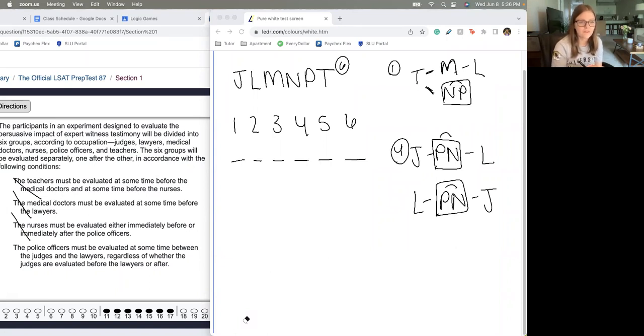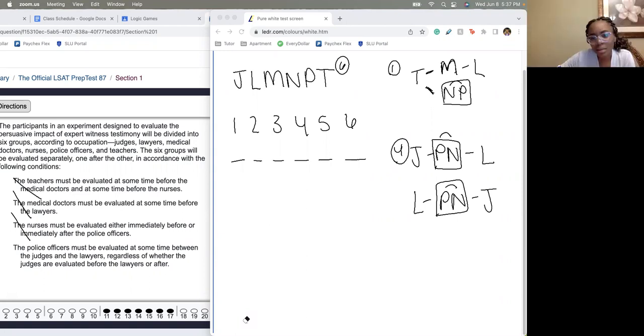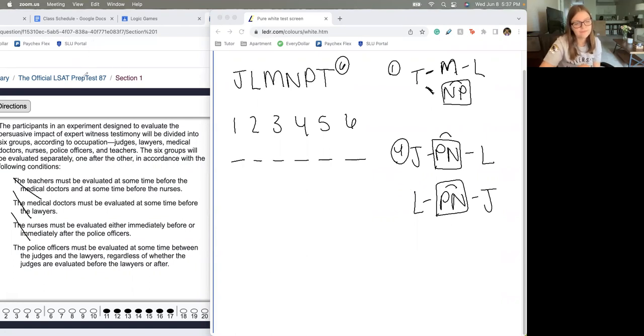Does anyone have a preference on splitting or 2 rules? Wait, sorry, you said splitting or 2 rules, as in rule 1, rule 2? Oh, okay. I don't mind.